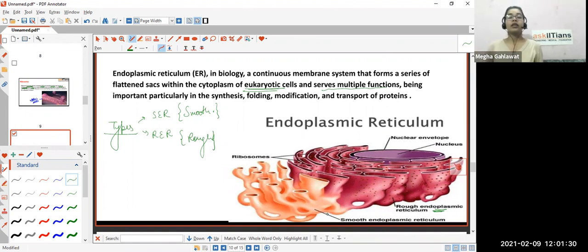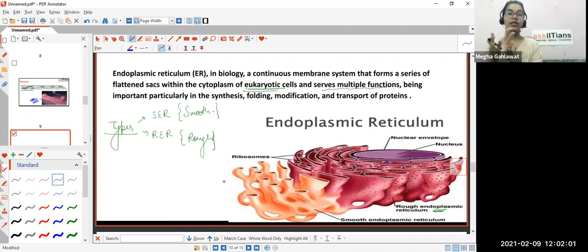Okay. The thing is, why is it called the rough endoplasmic reticulum and why is it called the smooth endoplasmic reticulum? Because in the rough endoplasmic reticulum, we have ribosomes embedded inside it as small beads, which makes the texture of this endoplasmic reticulum a little rough. Whereas in the smooth endoplasmic reticulum, there are no ribosomes at all.